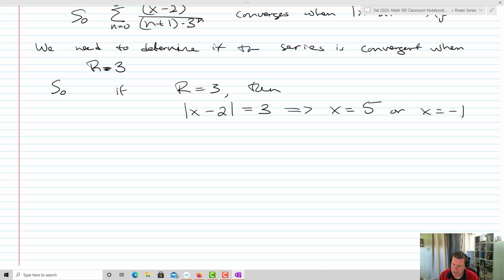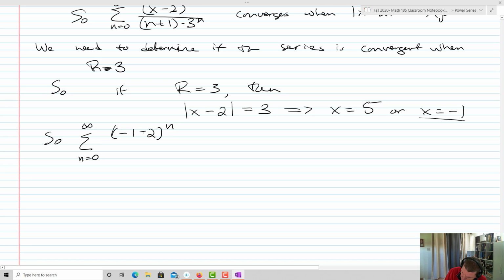So what we're going to do is plug those into our series. We'll start with negative 1. The sum from n equals 0 to infinity of (negative 1 minus 2)^n divided by (n plus 1) times 3^n.